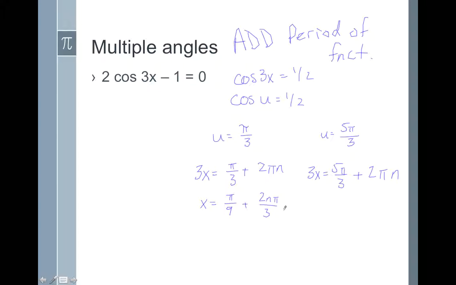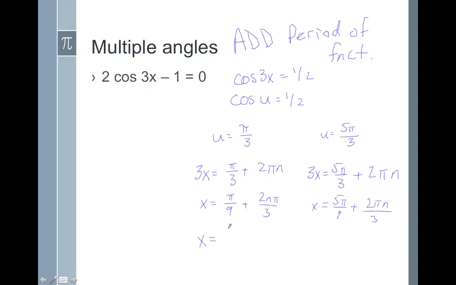Bear with me here. Here I get x is equal to 5 pi over 9 plus 2 pi n over 3. I need to convert to the same denominator here so I can do the math involved.